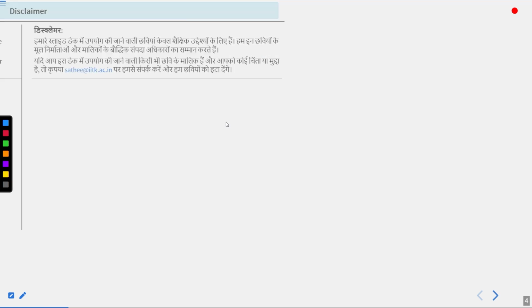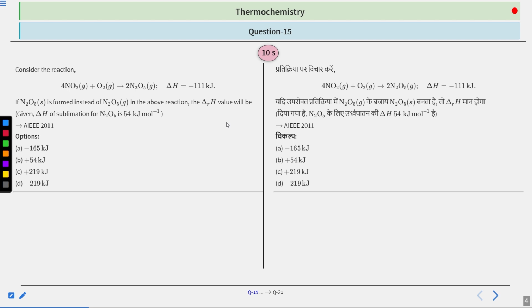Okay. So first question for today, question number 15. Consider the reaction 4NO2 gaseous plus O2 gaseous gives us 2N2O5 gaseous. The enthalpy of reaction is minus 111 kilojoule.